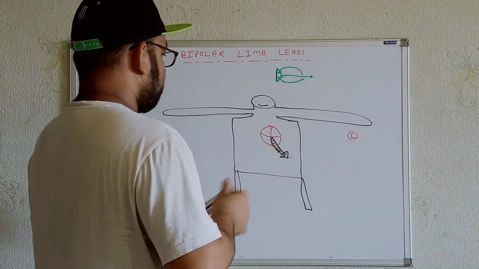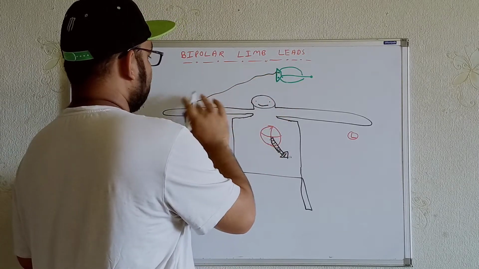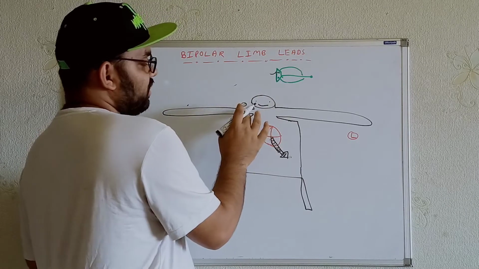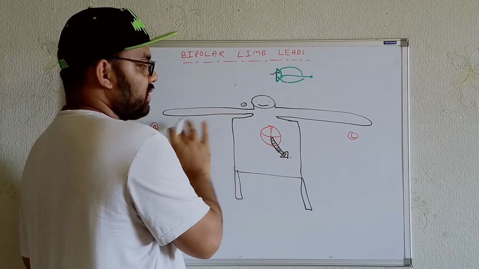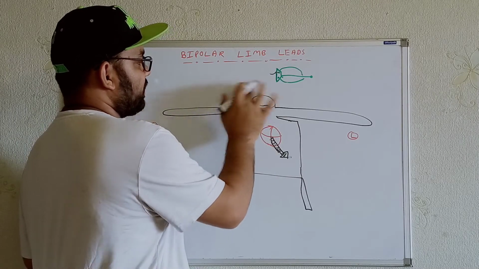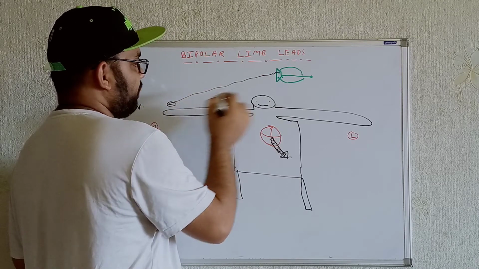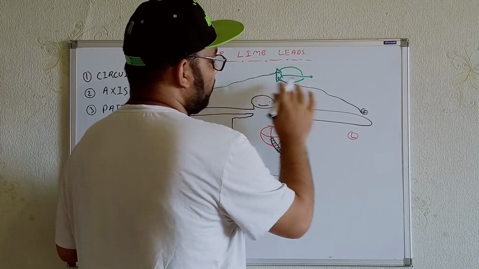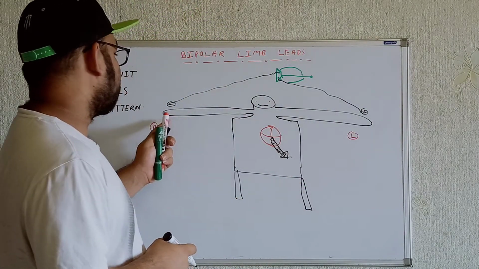If I take the electrode for the negative over here, whatever electric potential arrives here, the same amount of electric potential will also arrive at the rest. So for conventional purposes, I'm taking the positive one in the left wrist, and the negative one in the right wrist.